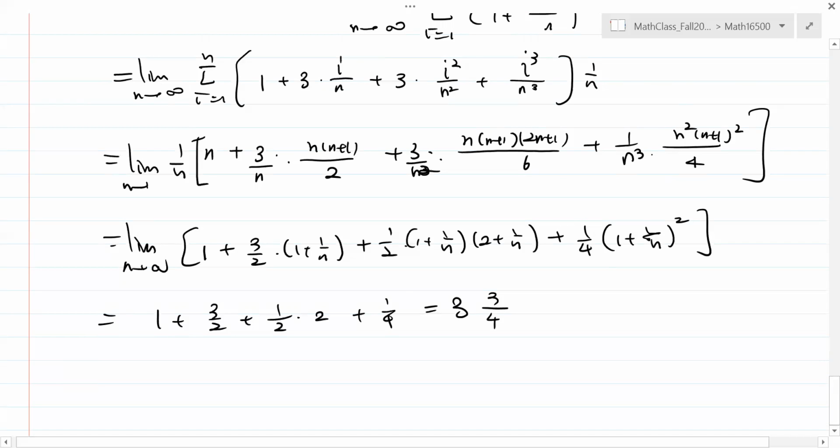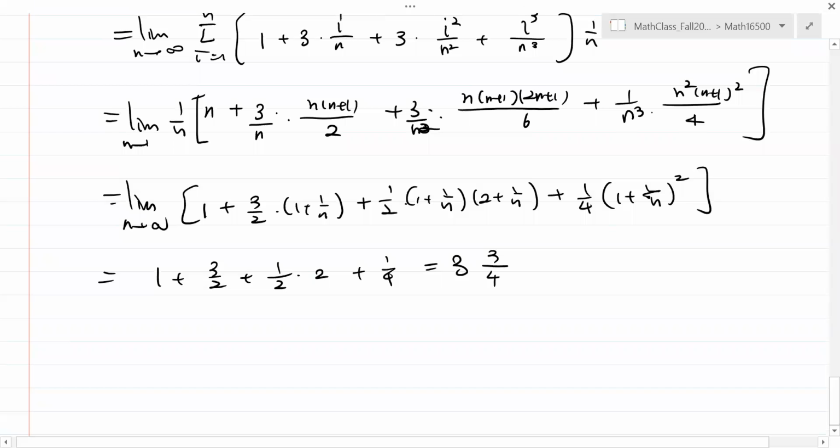AP history, AP calculus, AP economics, physics, chemistry. You can transfer credits to the college, Indiana University. So use this opportunity to save money in college. Not only save money, it may even get you a scholarship because you are doing so well in high school.